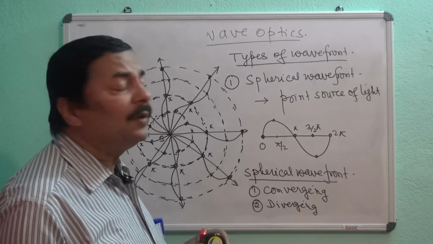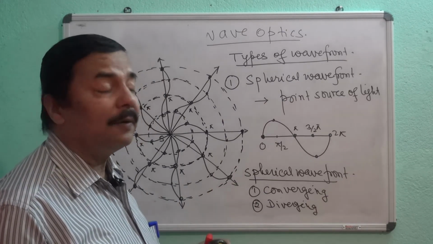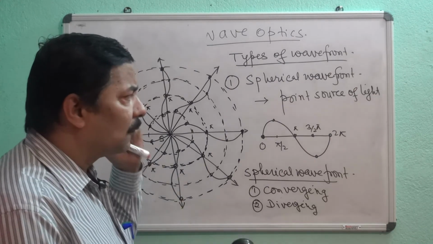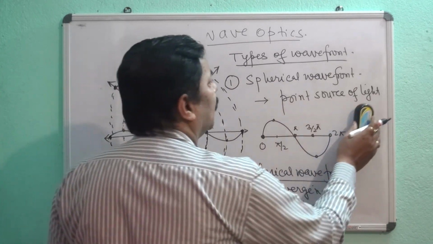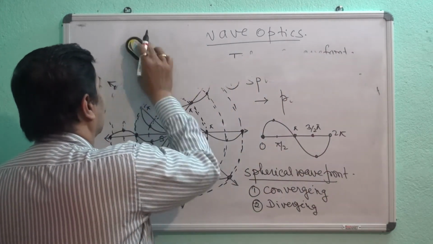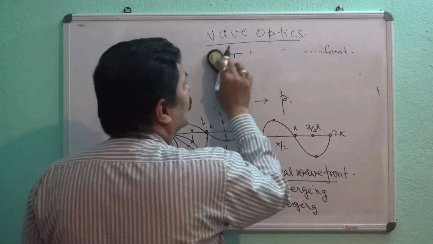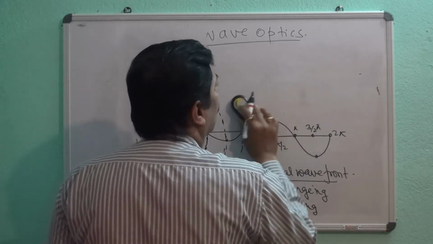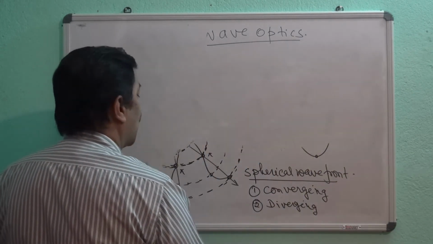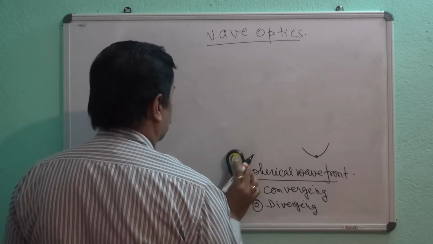So how can we understand the converging spherical wavefront and the diverging spherical wavefront? In order to understand them, we will have to use the concave and convex lens.